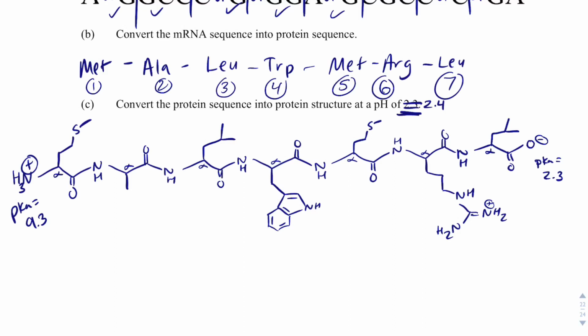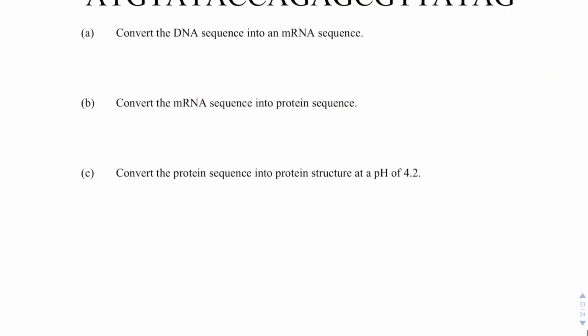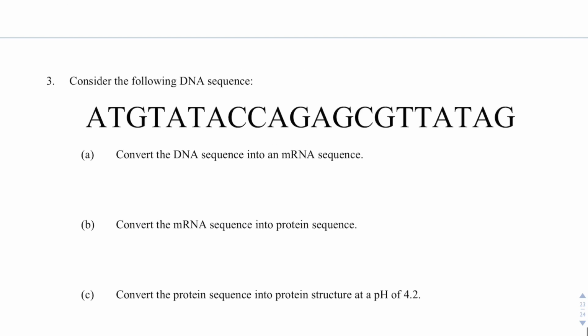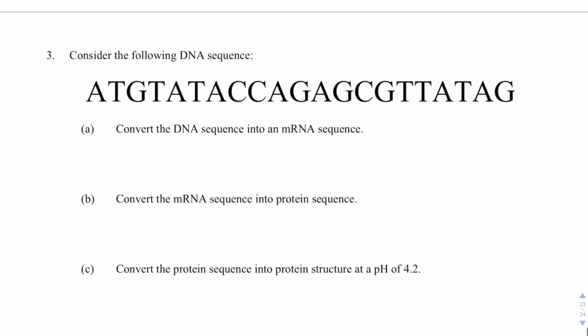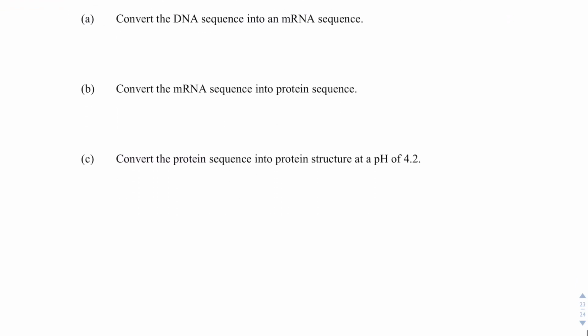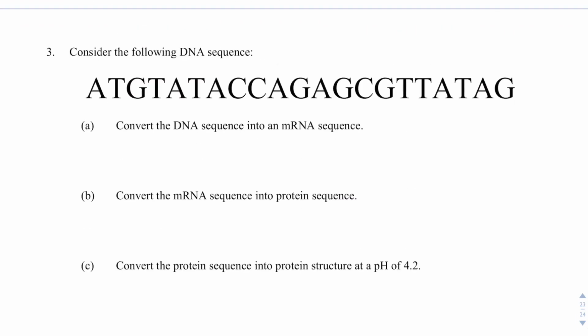That H will be off and will look like this. This NH2 group, I kind of went over that, but we've already talked about this. The pKa is 12.5, so we're nowhere near that. Let me just see if I'm at the same. I've got a different amino acid or protein here. I'm going to do this last one and then we'll call it quits.